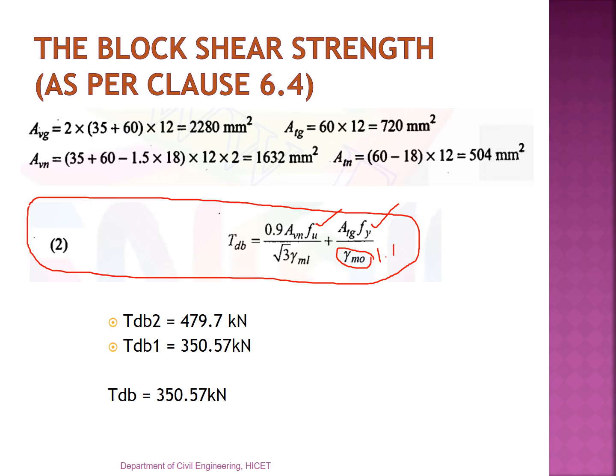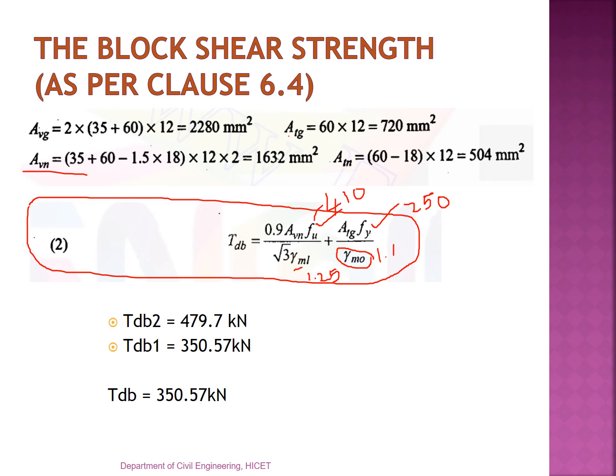The partial safety factor gamma m0 is 1.1, gamma m1 is 1.25.